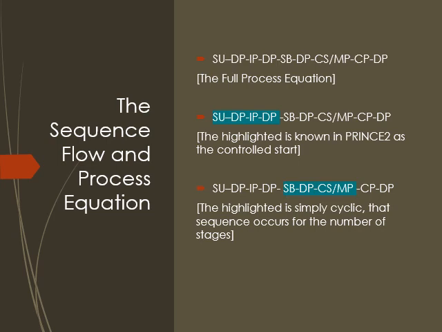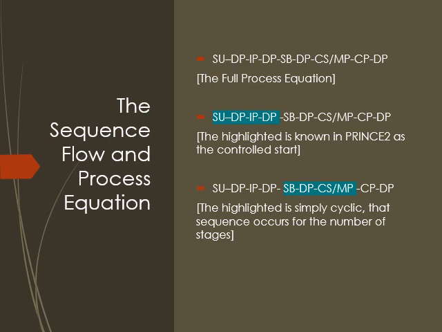So you see the full process equation is SU to DP, then from DP to IP, from IP to DP, then from DP back to SB, then SB to DP, DP to CS engaging with MP at the same time, and then you see that it goes to CP and then to DP. So I made it that short to make it easy to write down, but I'll explain in detail what they mean in the other slides as highlighted.